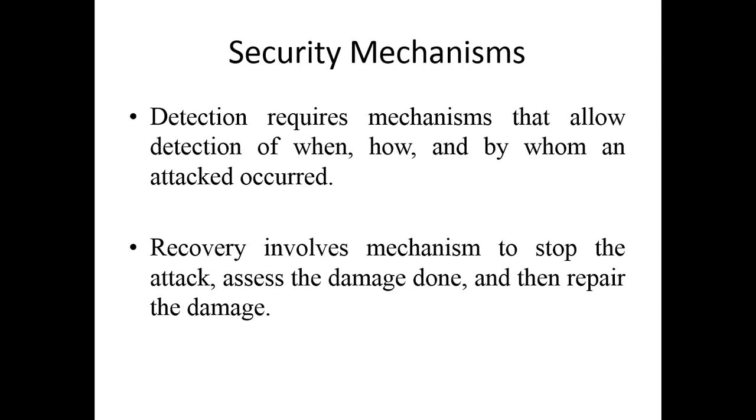So we want to be able to trace when did an attack happen, when and how did it happen, and by whom an attack occurred. And then also recovery. This one involves a mechanism to stop the attack, and assess the damage done, then repair the damage.